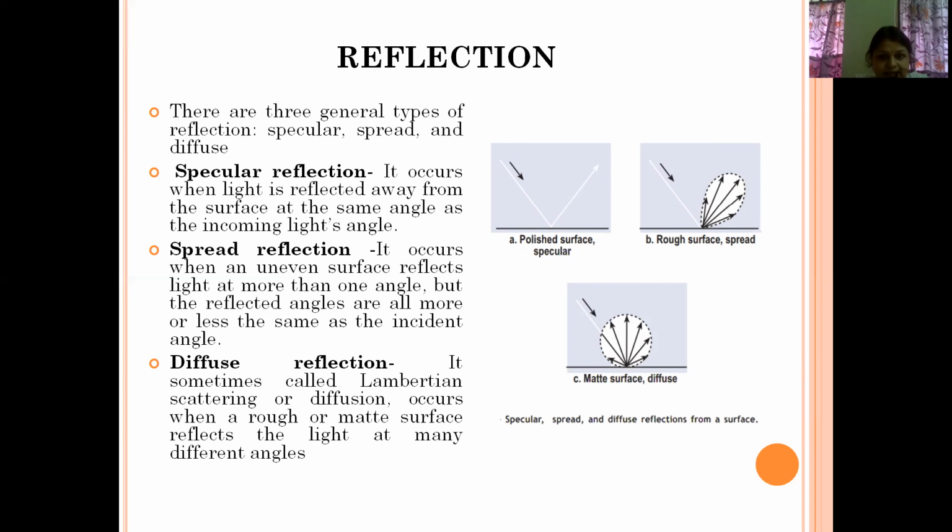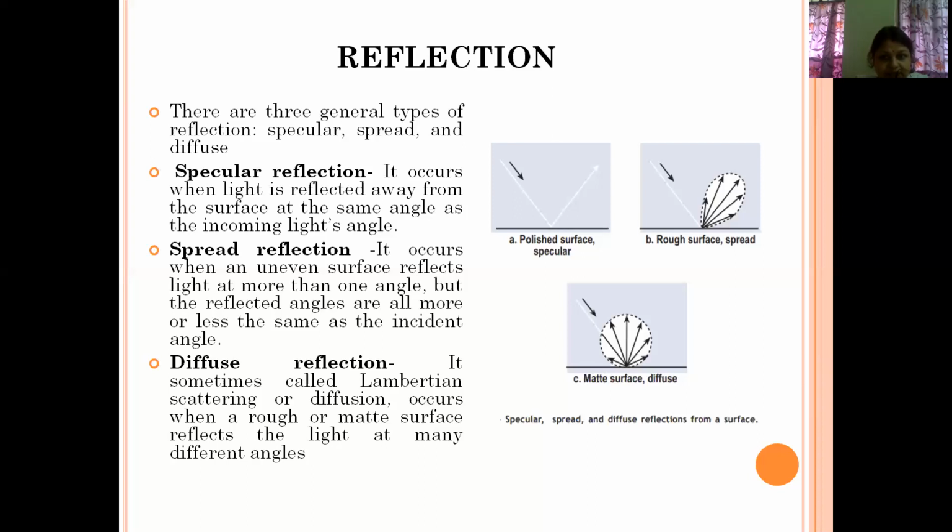So on the right side, picture A has a polished surface, and light is reflected from the surface at the same angle as the incoming light's angle. So it is the picture of specular reflection.